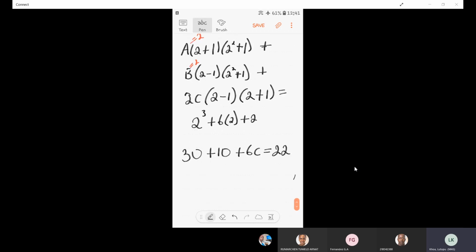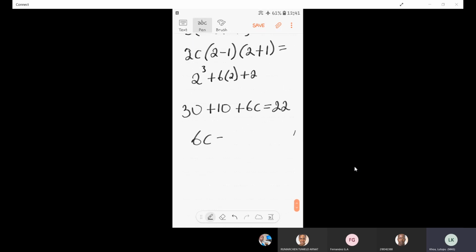Okay, so we make 6c the subject. I have 22 minus 30 minus 10, you get minus 18, and then c is just equal to minus 3. Okay, so check my calculations if I've done this correctly.